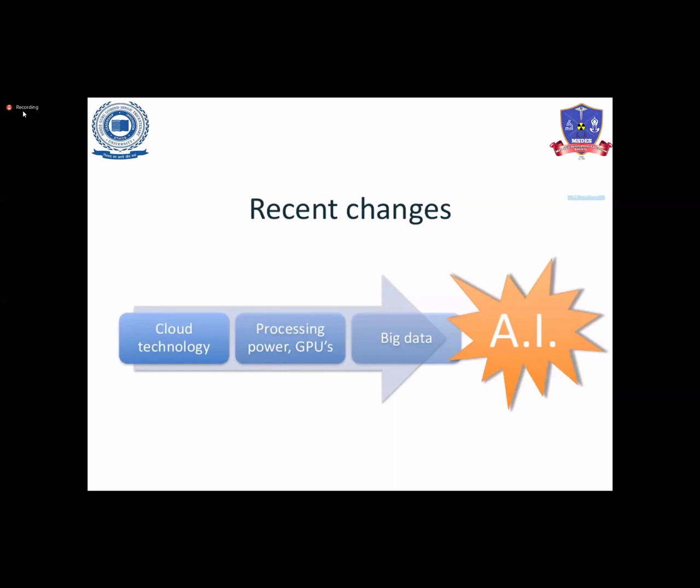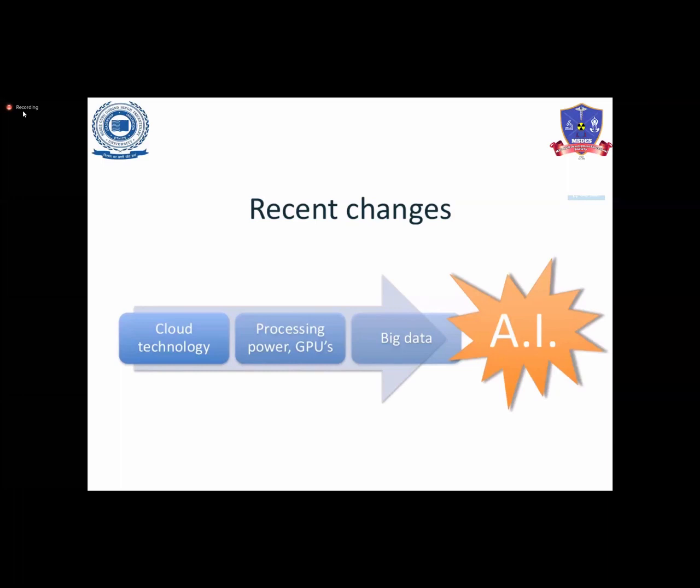So cloud technology, as we know, we are using Google Drive, OneDrive, server spaces, where we do not need an actual hard disk or pen drive. We can store our data on the servers. So cloud technology gives AI a boom, because in a fraction of a second, a heavy amount of data can be accessed by the AI.